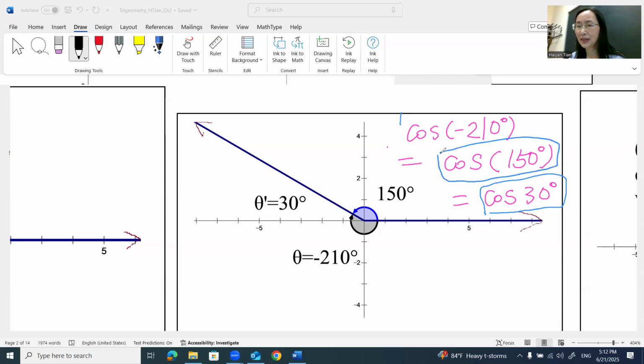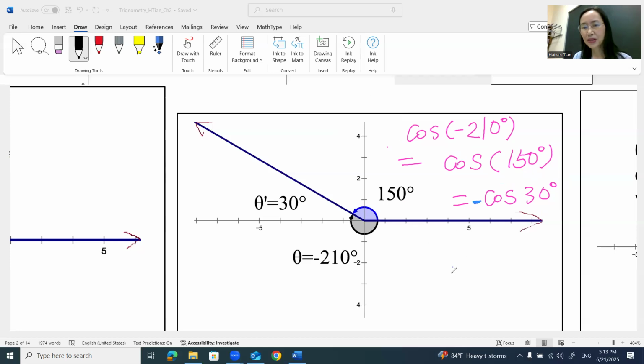Remember, 150 degrees is in the second quadrant. So the cosine value is negative, right? For the second quadrant, cosine is negative. So we must put a negative sign here.